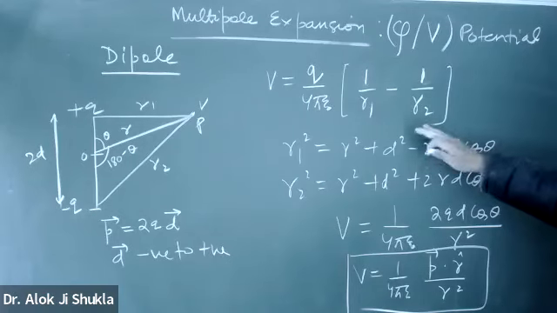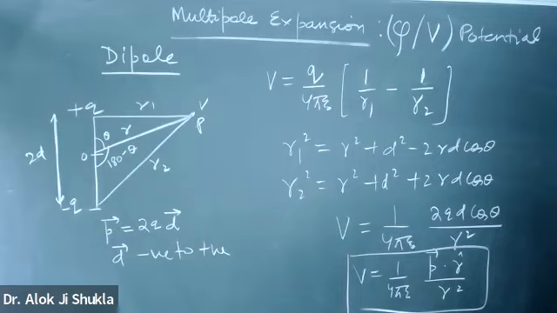You put it under root and then take common, apply binomial expansion. But finally you should remember this. तो डाइपोल का पोटेंशियल कैसे जा रहा है 1 by R square. आ रहा है ना? Yes, sir.